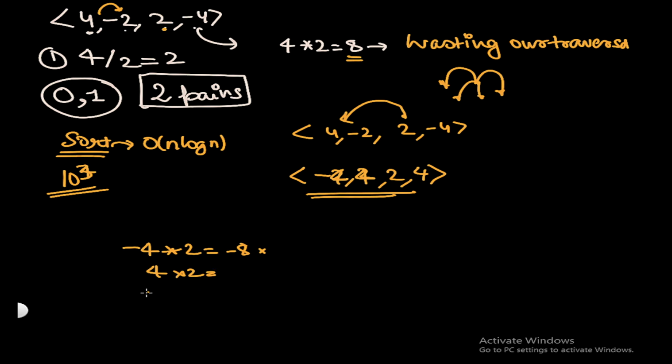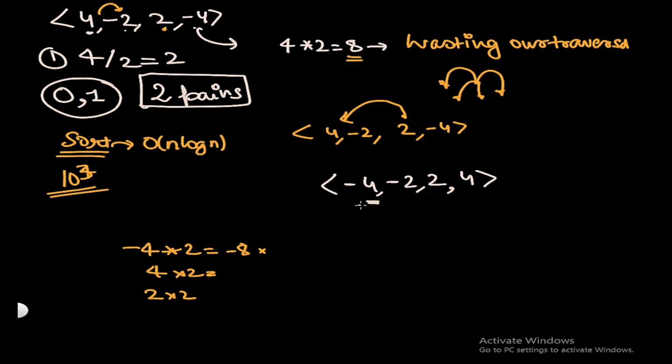No. Then we have 2 into 2, 4, which is present in the array. So okay, we can form one pair. Actually, I just sorted in the wrong manner. Let me sort it again. We have minus 4, minus 2, 2 and 4. This is what I have in the array.